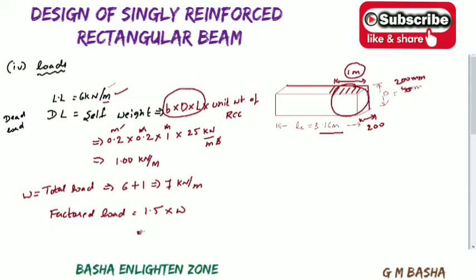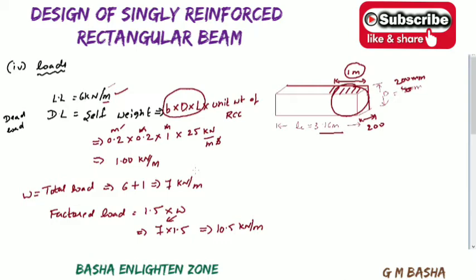So that will be 7 into 1.5, therefore you will get 10.5 kilonewton per meter. So this is the procedure for finding the self weight of the beam. Here they didn't mention any extra things. For example, if you solve slabs or other things, sometimes they will give floor finish, plaster finishes, like that.